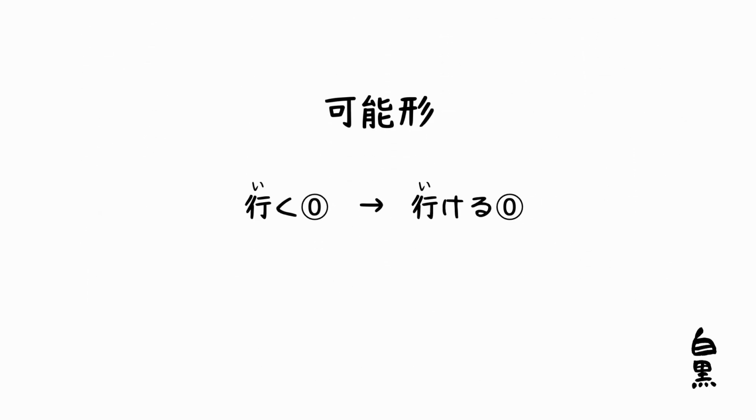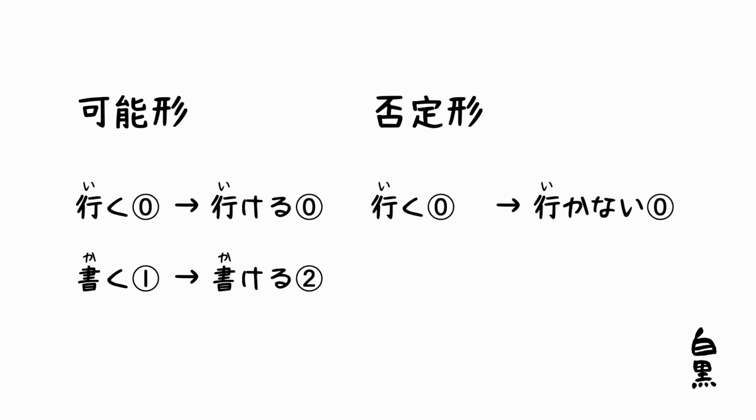For example, the potential form of the pattern A verb, iku, is ikeru, which is also pattern A. But the potential form of the pattern B verb, kaku, is kakeru, which becomes pattern C. Another example would be the negative form.